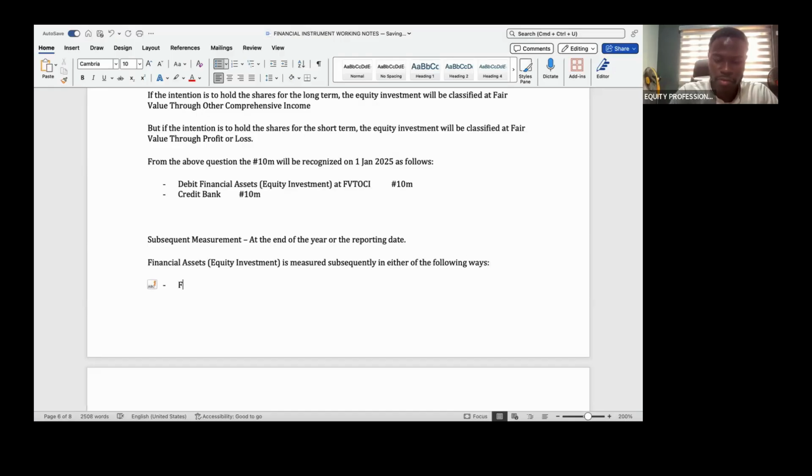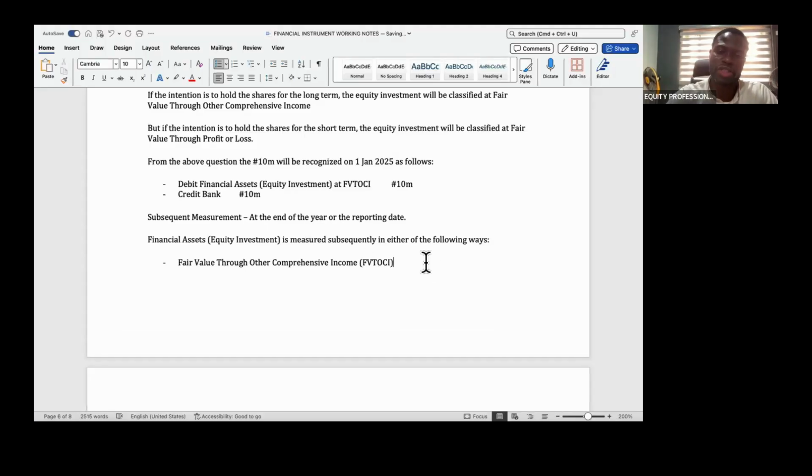Number one is either you're measuring it at fair value through other comprehensive income, or you're measuring it at fair value through profit or loss.